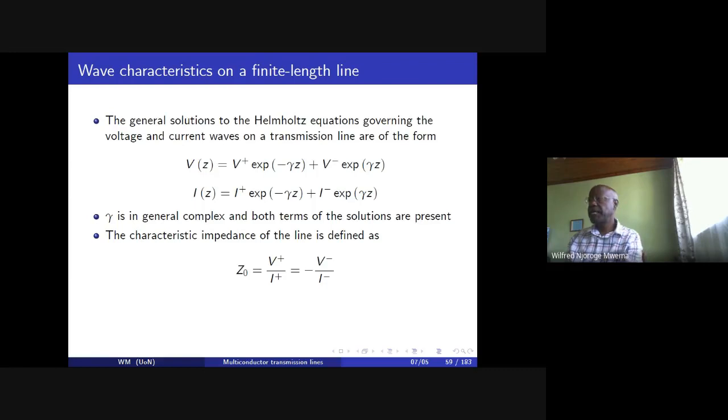Say, for example, we can use the positive going components of the current and the voltage, and we get Z0. And we could take the voltage of the negative z traveling wave, that is V minus exponent gamma z, and divide that by I minus exponent gamma z, and we'll get a value of Z0.